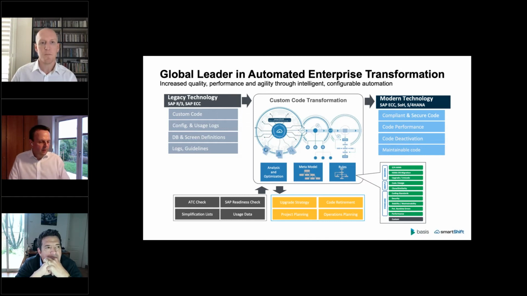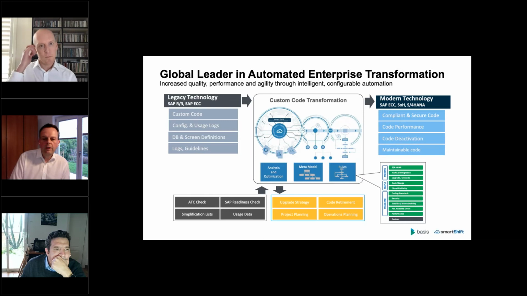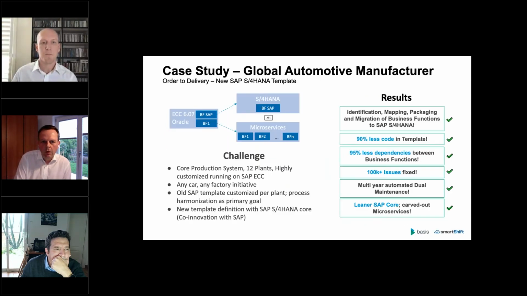So the example I just gave was maybe one of the extreme examples in terms of scale and number of custom objects. The next example on the next slide shows a little more of the depth and breadth of changes we can do. That is our customer BMW in Munich, a long-standing customer of ours, whom we help to modernize and migrate 69 SAP systems over the next 5.5 years.